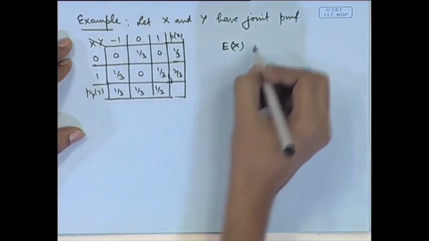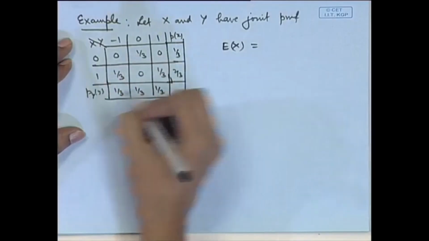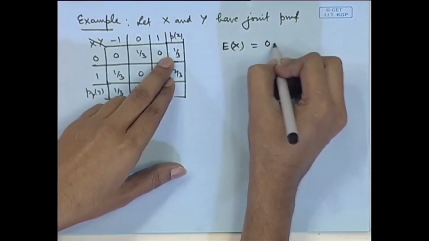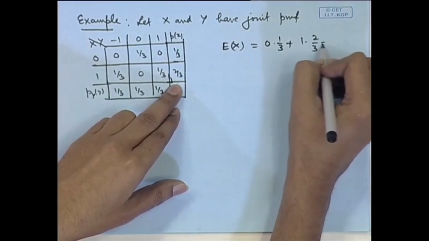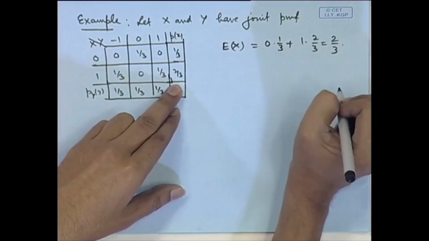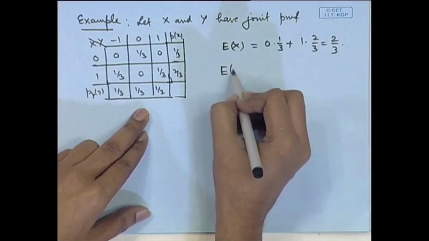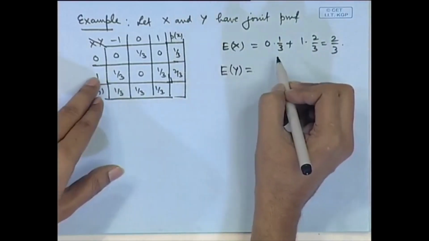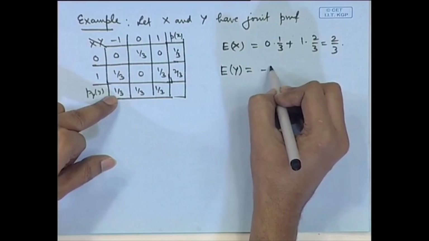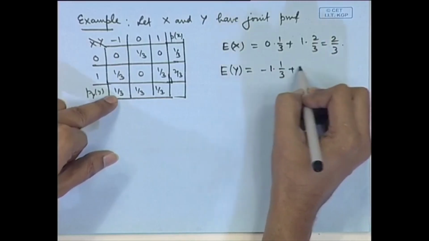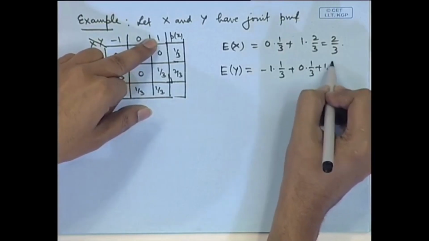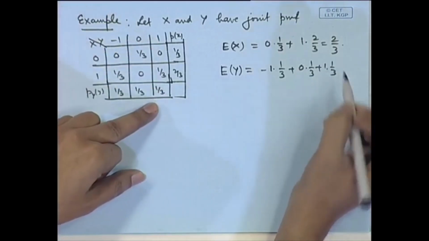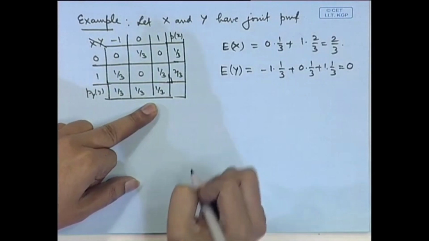So, expectation of x is equal to 0 into 1 by 3 plus 1 into 2 by 3, that is equal to 2 by 3. Expectation of y is equal to minus 1 into 1 by 3 plus 0 into 1 by 3 plus 1 into 1 by 3, that is equal to 0.